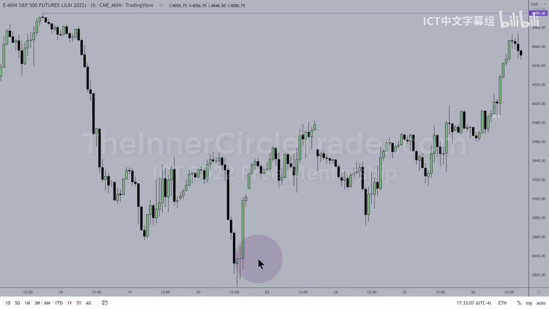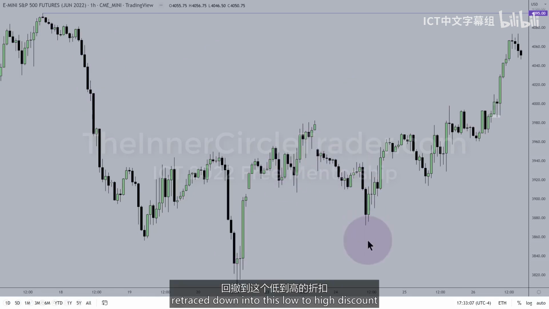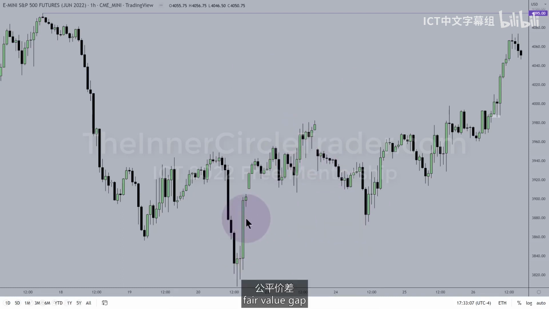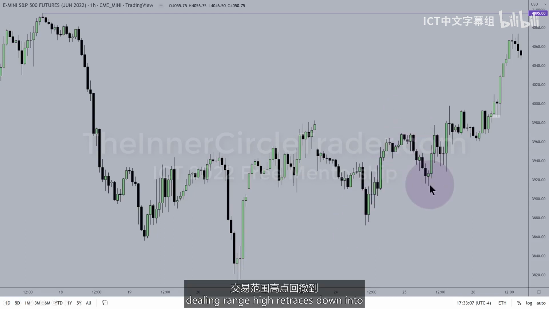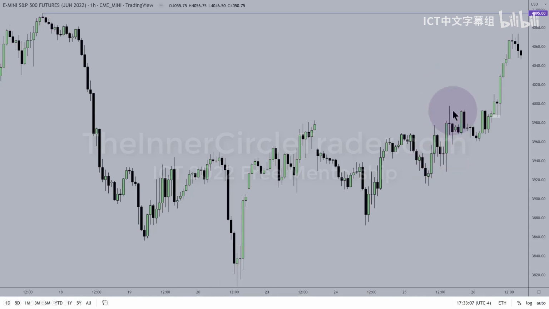So notice what was happening. We had the low, retrace down into this low to high, discount, fair value gap, rallies. Dealing range low, dealing range high, retraces down into, discount, rallies. Dealing range low, dealing range high, discount, fair value gap, order block, rally.